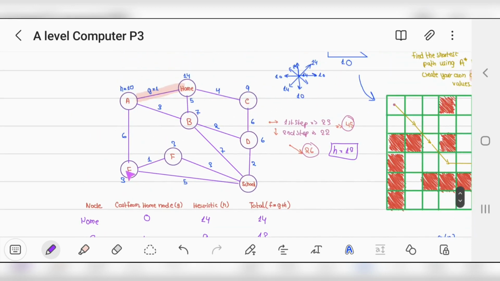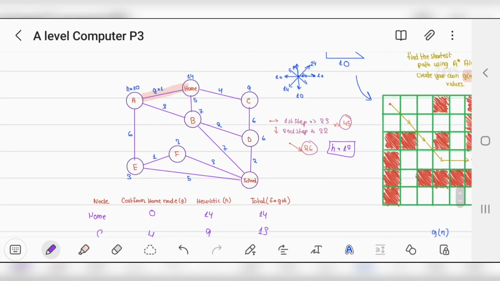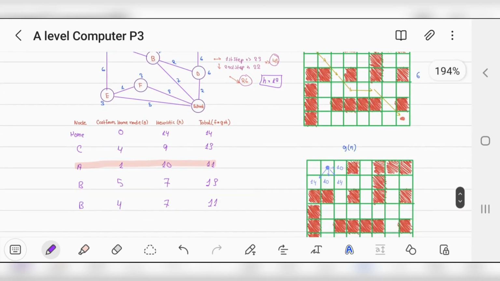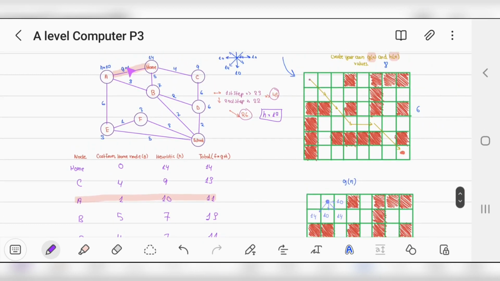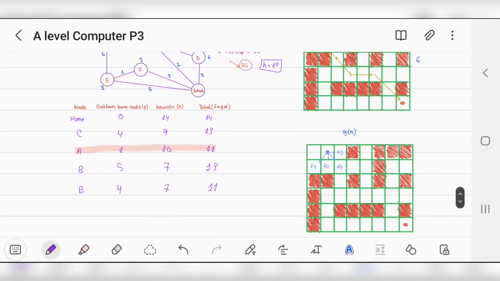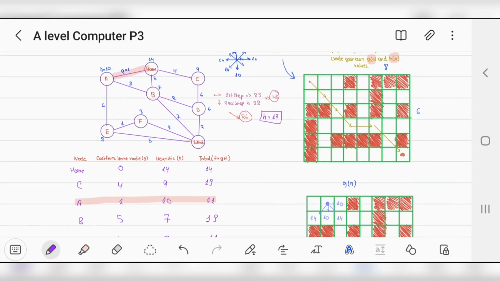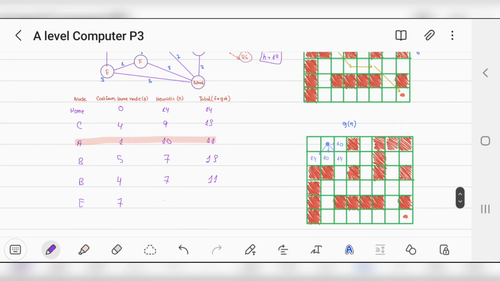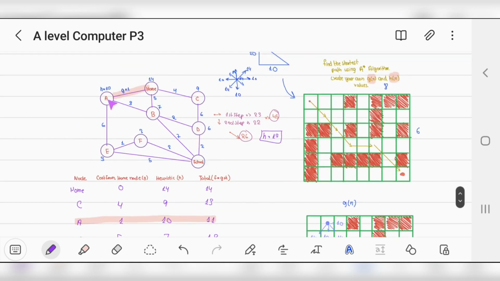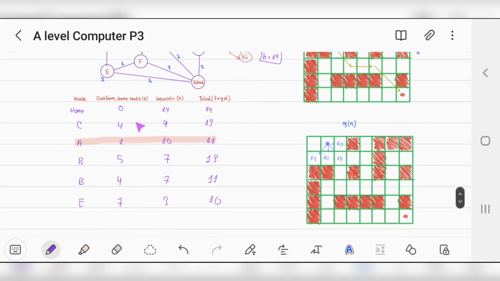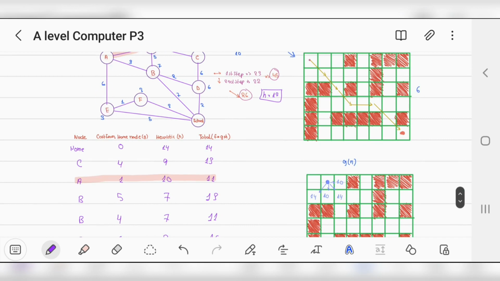If I go from here to here, what should be the cost? The cost is 1 plus 6, which is 7. This is E actually. The cost is 7, and the heuristic value is 3. This is 10. Starting from here it was 11, and coming from here to here it was 10.